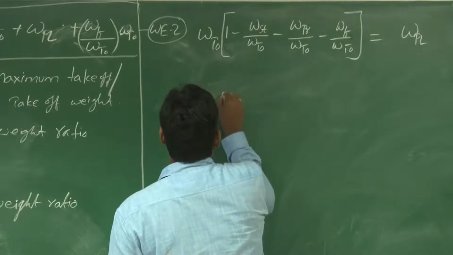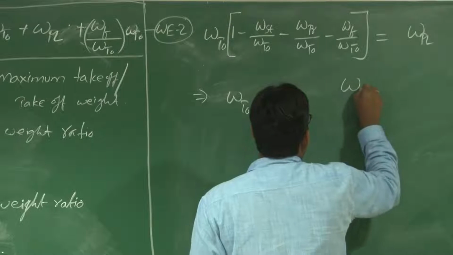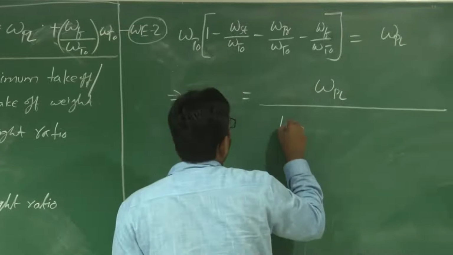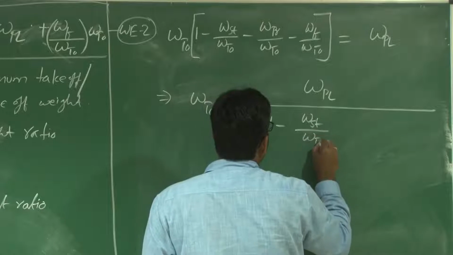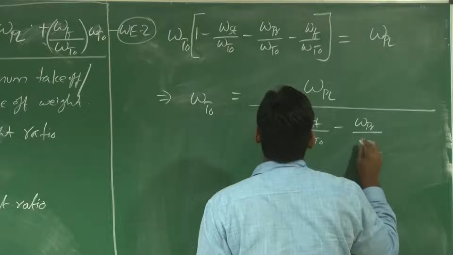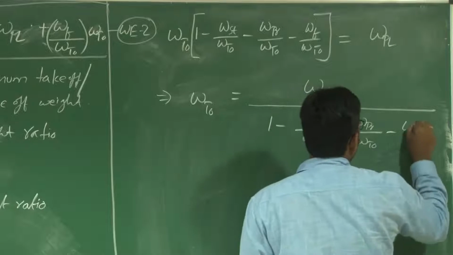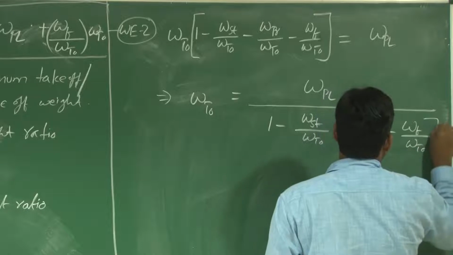This implies W takeoff is equal to W payload over 1 minus structural weight fraction, subtracted by propulsion weight fraction, and then minus fuel weight fraction.